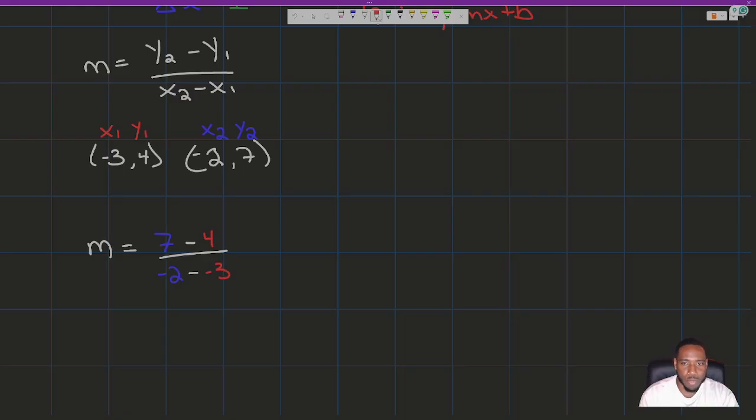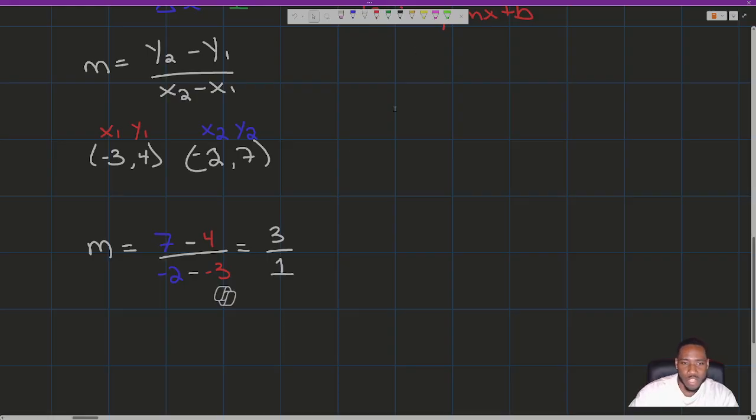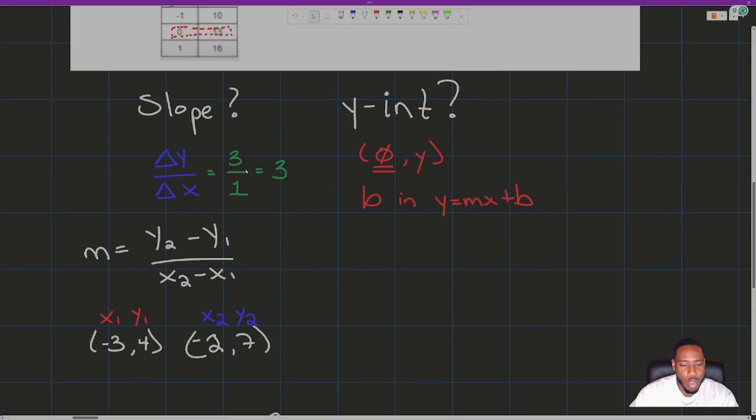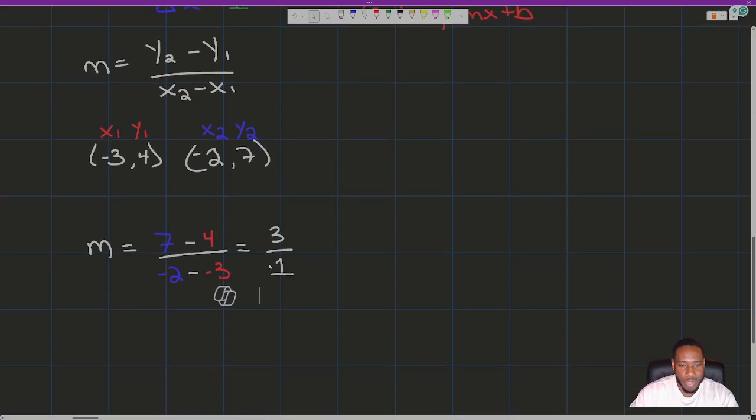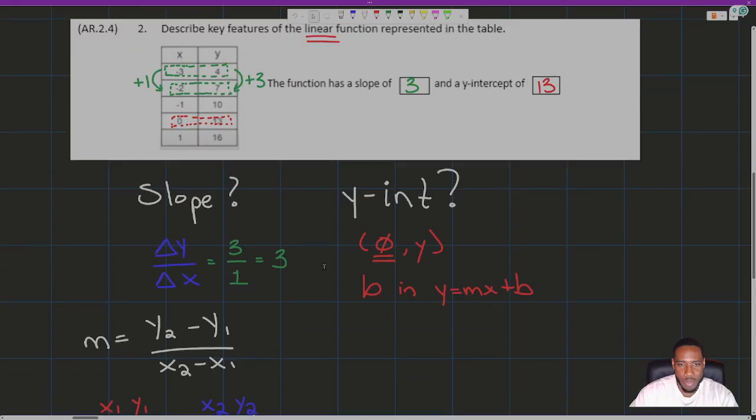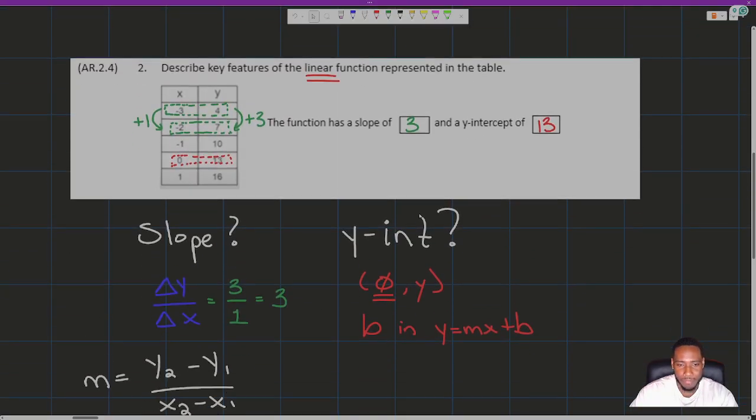And we don't worry about that double negative because we understand that simplifies out to be addition. So 7 minus 4 is 3, and -2 minus -3 is -2 plus 3, and that is +1. Okay? So whether you just counted it from the table or you plugged it into the slope formula, you would still end up with that slope of 3 over 1, which is the same thing as saying 3.